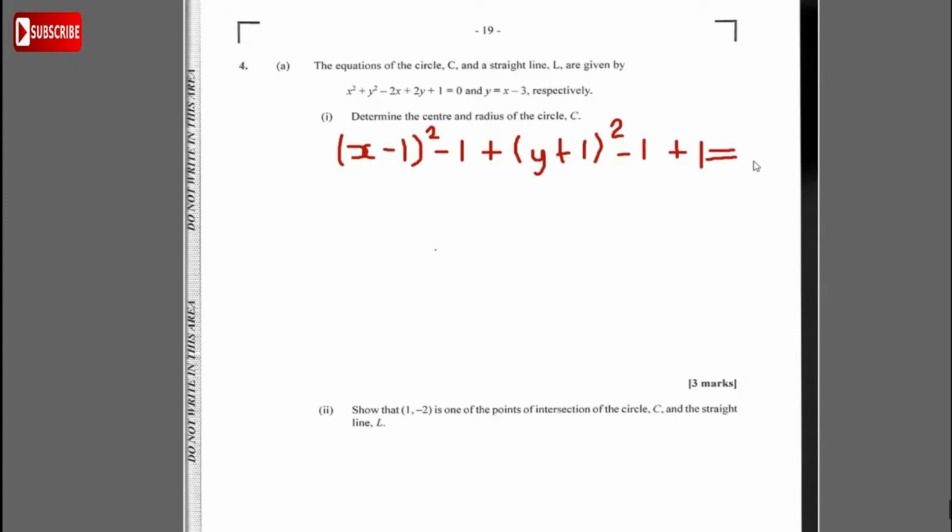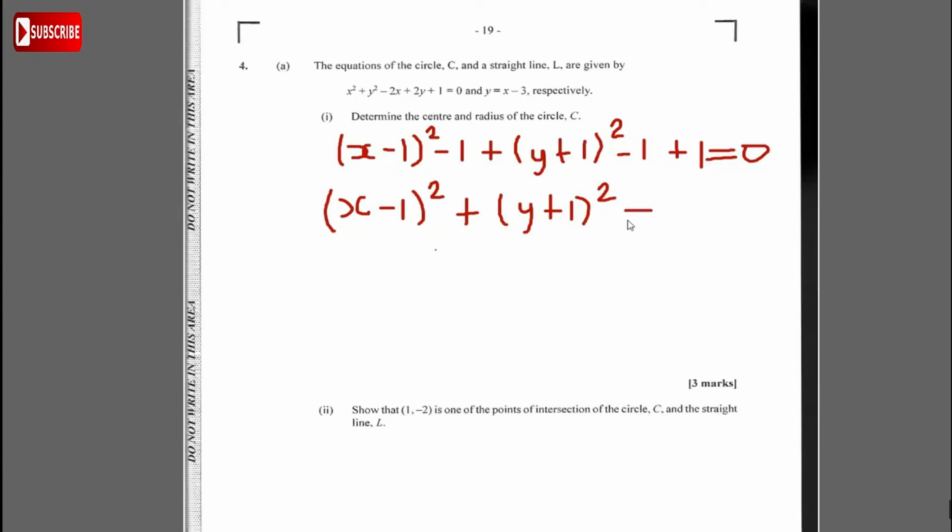Then you put it in its standard form now, so you're going to get (x - 1)² + (y + 1)² equal to -1. -1 minus 2 is... -2 plus 1 is -1.